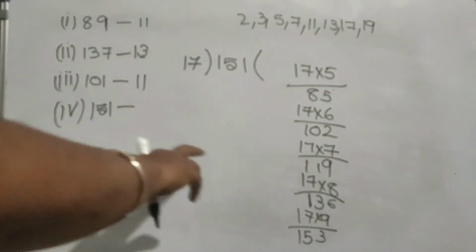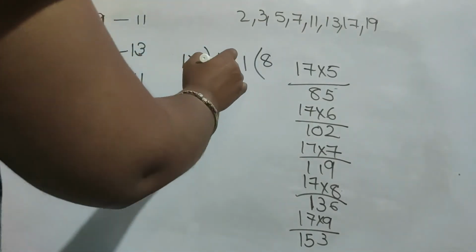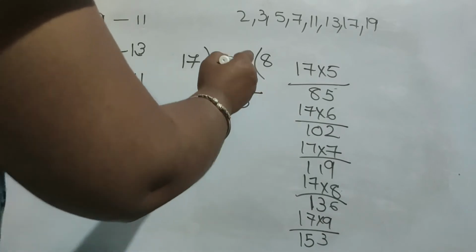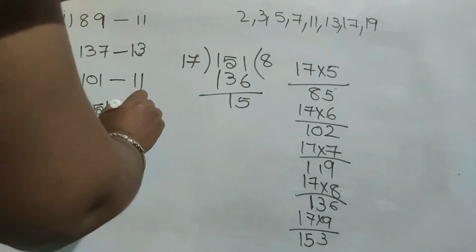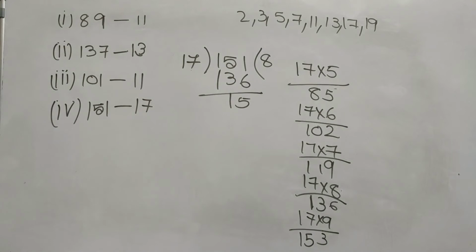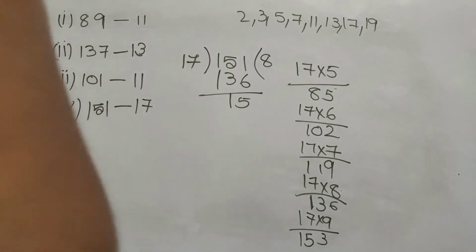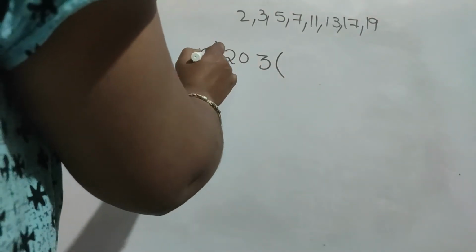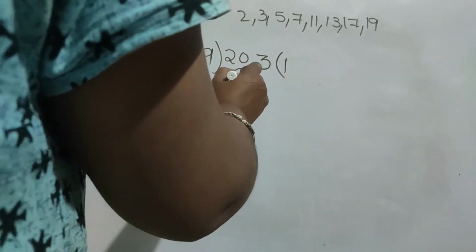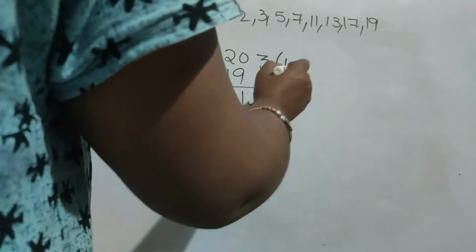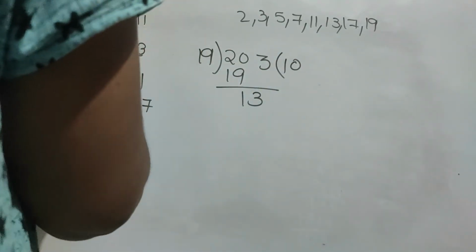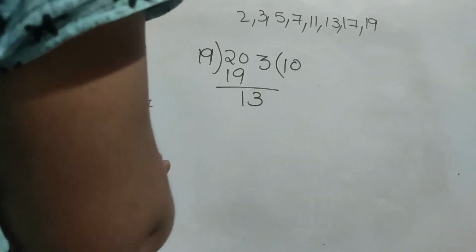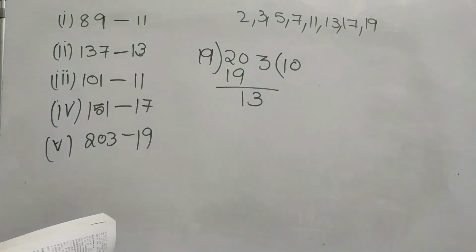So we take 8 times, 136, and the remainder is 15. So 17 shows whether this is a prime number or not. Next, 203, near to 19. Let us see. 1 nineteen is 19, 13 comes down, 0. So 19 is the largest prime number for 203.